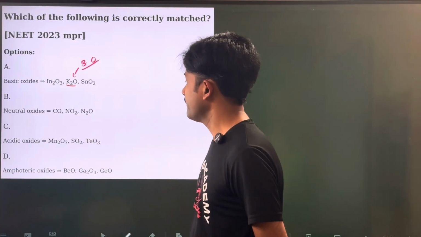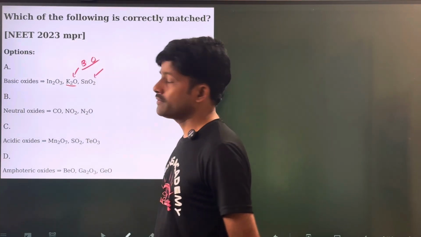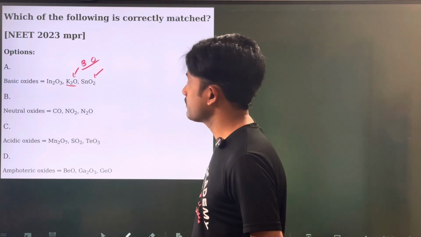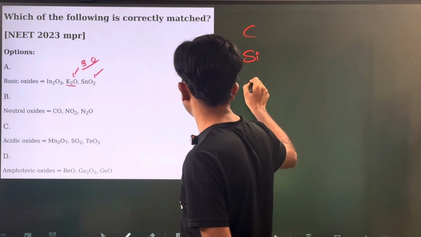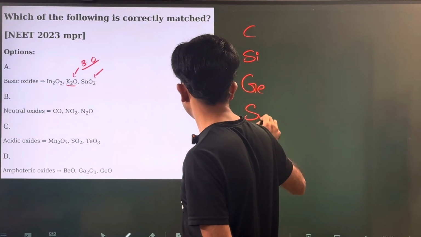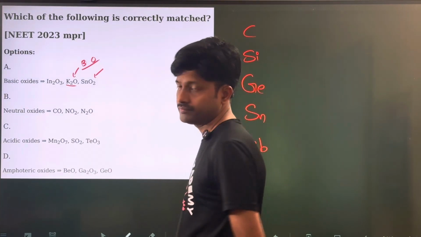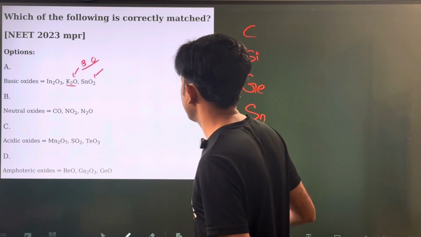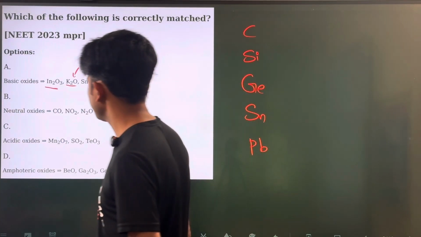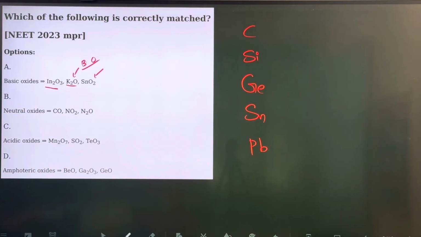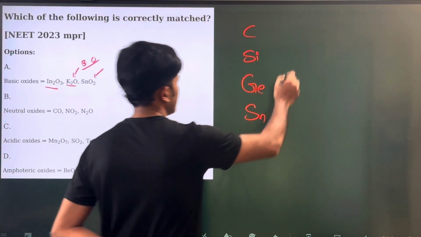But tin, in which group will it come? Carbon, silicon, germanium, tin, lead. Next one, where will indium come? Boron, aluminium, gallium, indium.